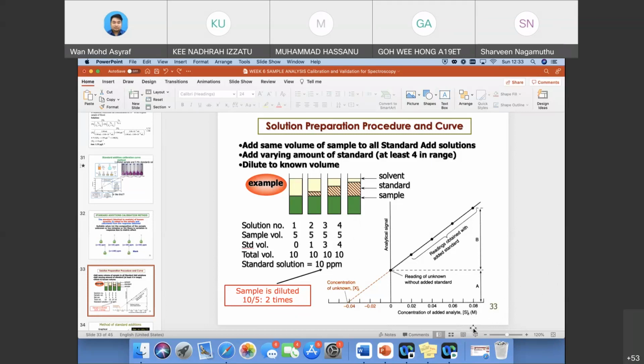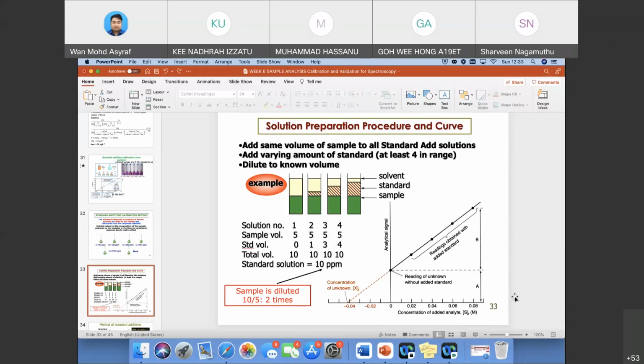That's what we should expect. Okay, so this line is due to the standard that you have added before with different volumes. Okay, so these readings would create some sort of straight line.